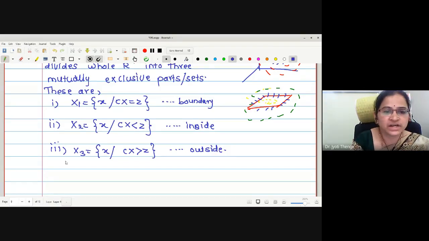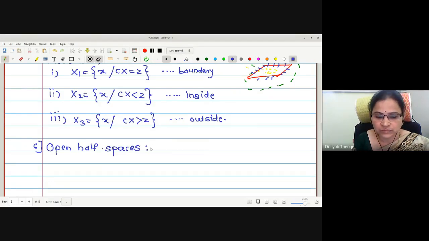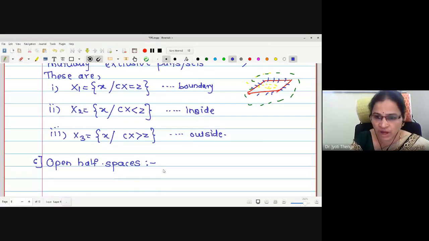Now we will study what are open half spaces. Whenever we write a half space excluding its boundary, it is called an open half space.